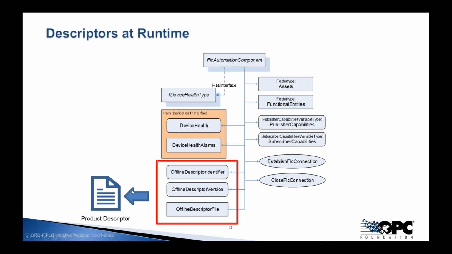So we envision that the product descriptor can be stored here already by the component vendor when it delivers the component to the customer, so that in the startup of the OPC UA server, this product descriptor will already be part of that.